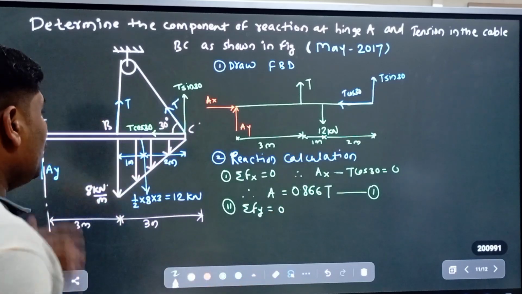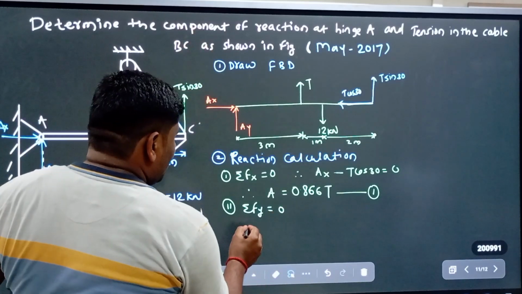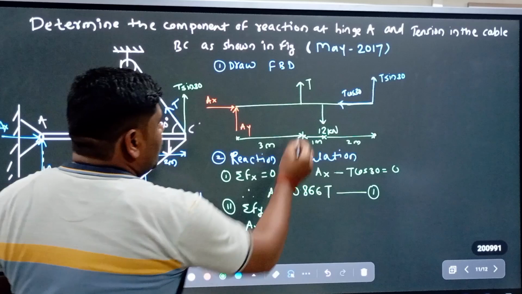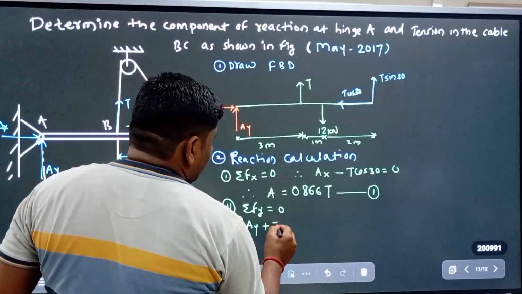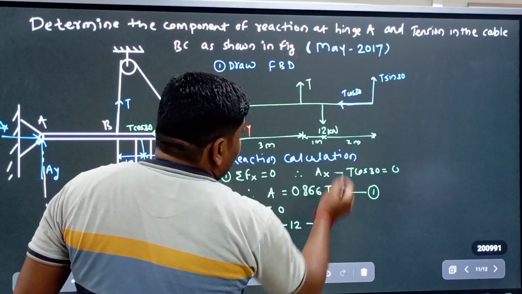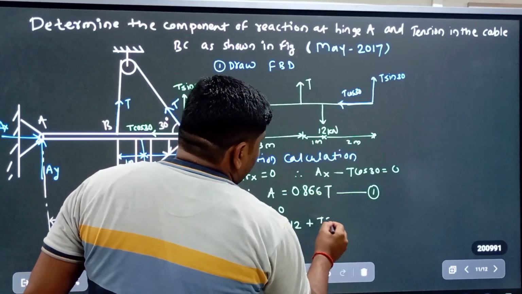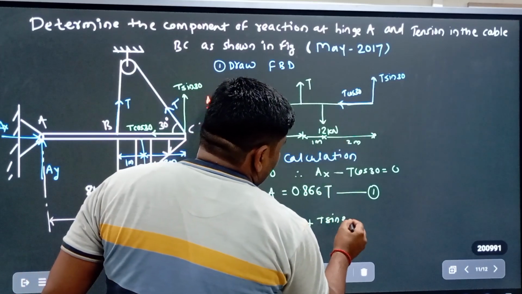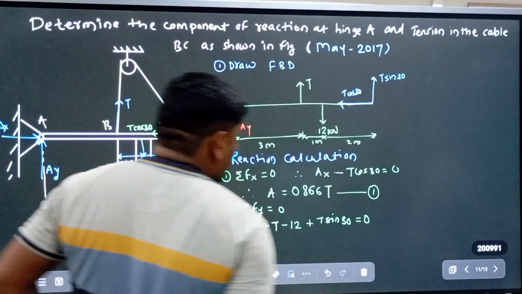Now second is summation of vertical forces equal to 0. All upward forces are positive: AY plus T sin 30 minus 12 equal to 0.